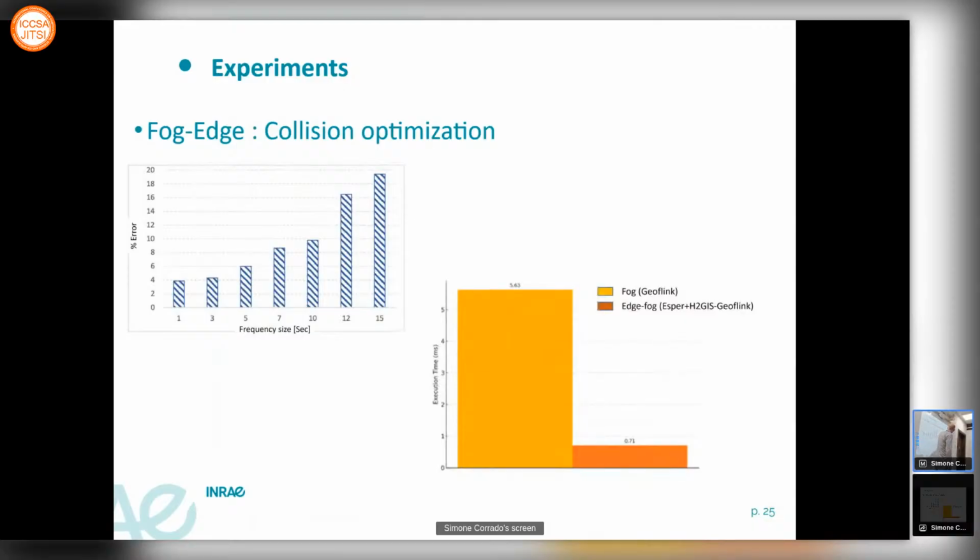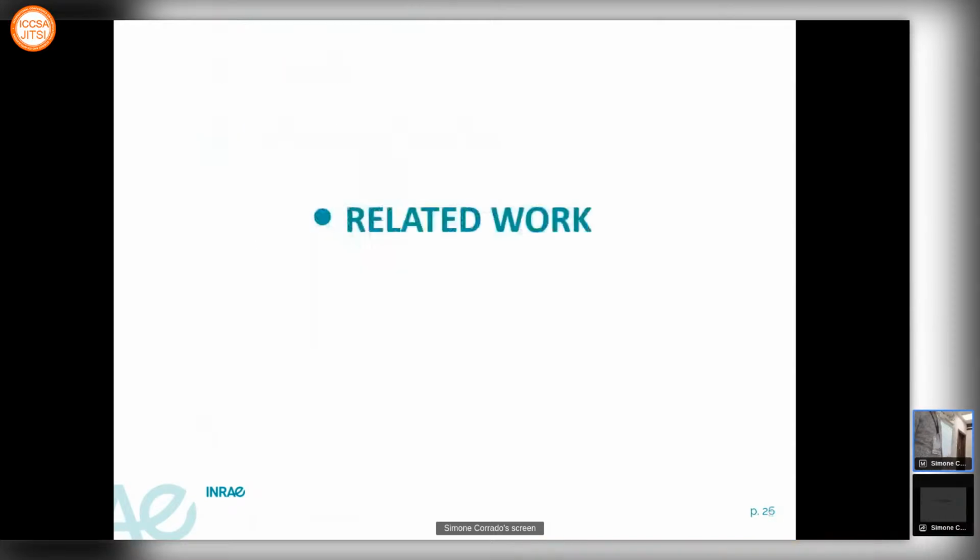We compare the performance of our HFOG against the performance of the server side. You can see that there is a big and important difference.